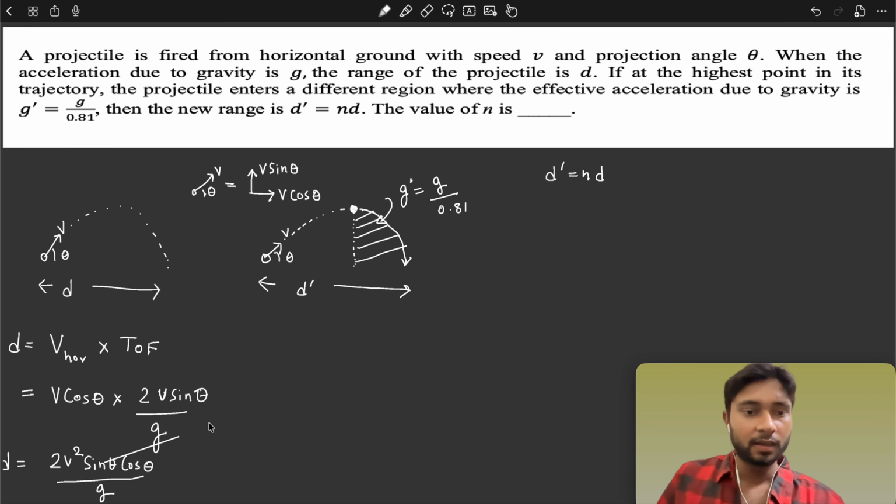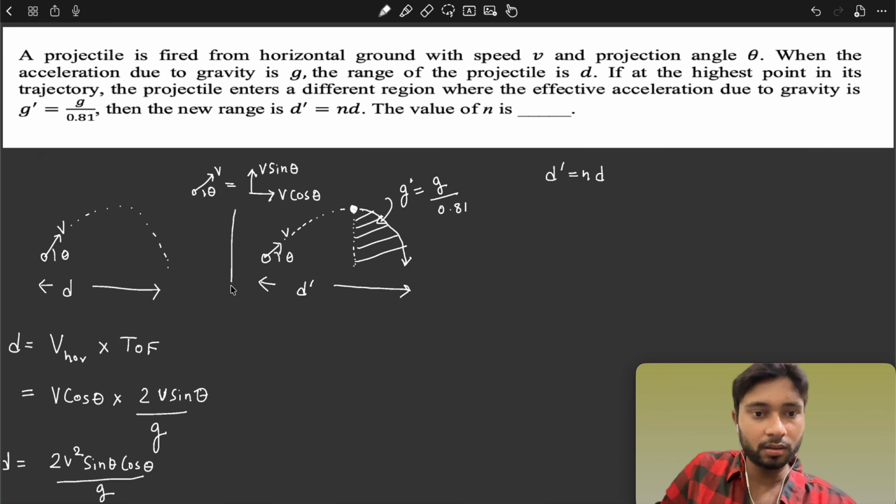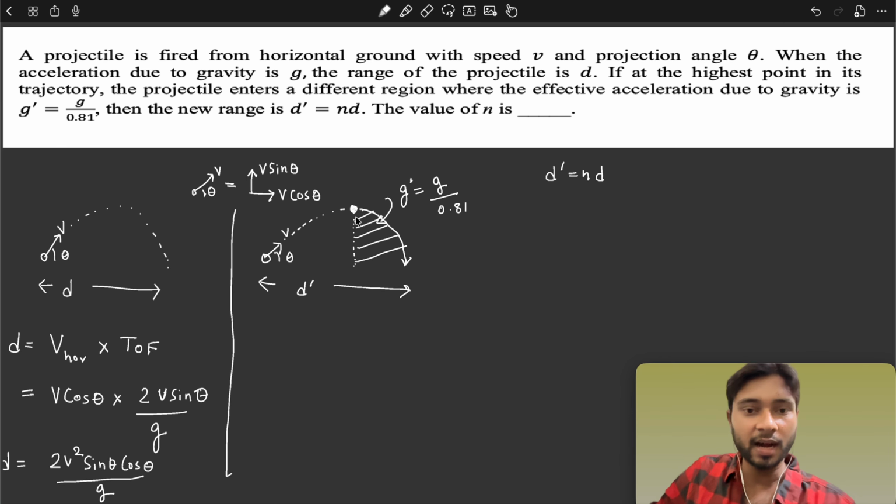Now let's come back to the new condition where after the highest point the acceleration due to gravity is changing. Suppose I name this point 1, this point 2 and this point 3. From point 1 to point 2 there is no difference compared to the former, simpler case.